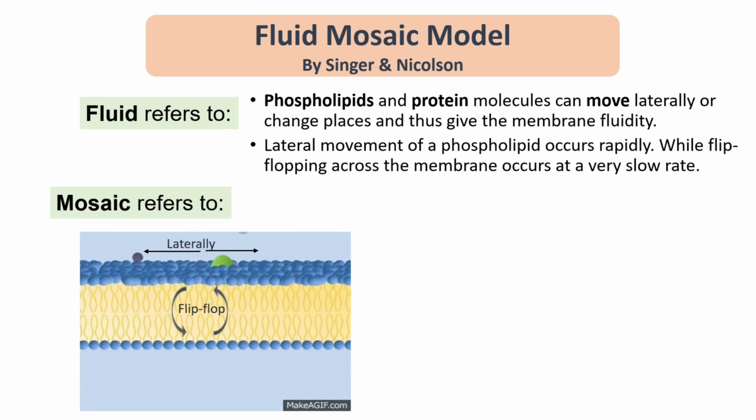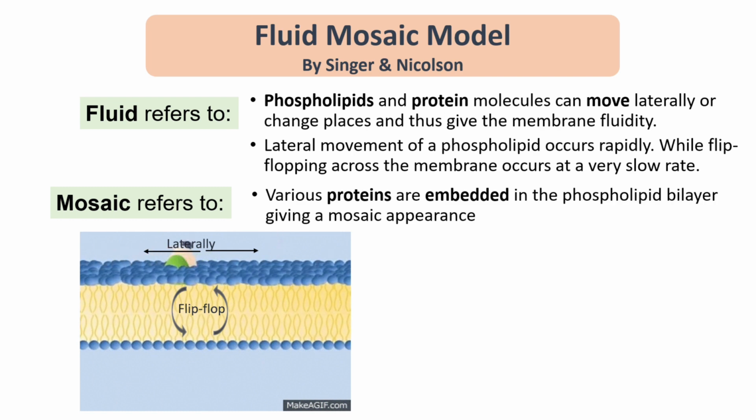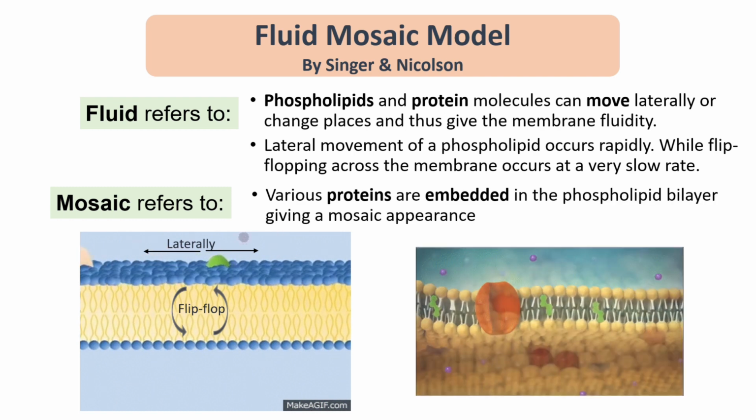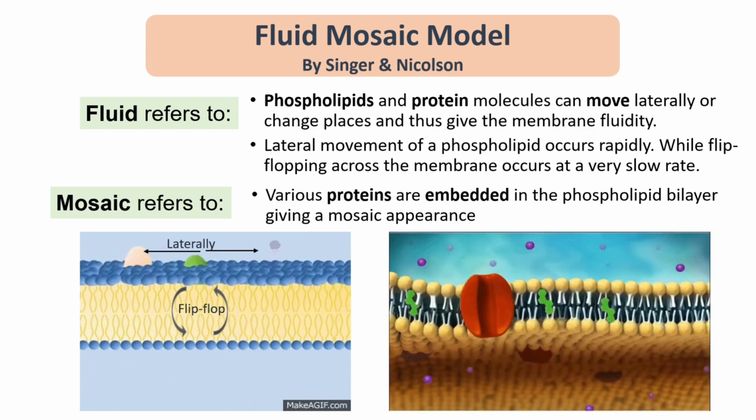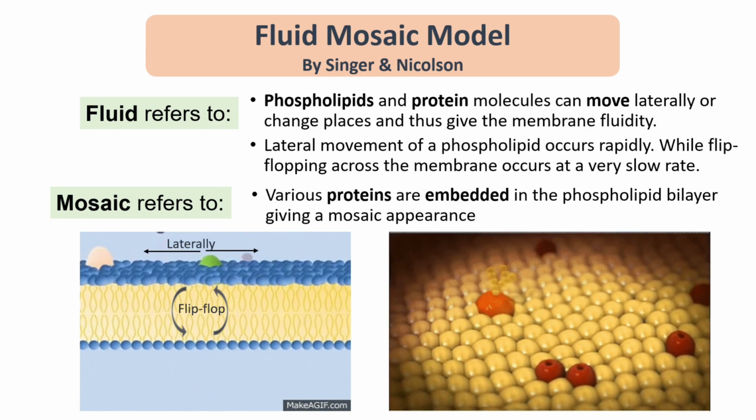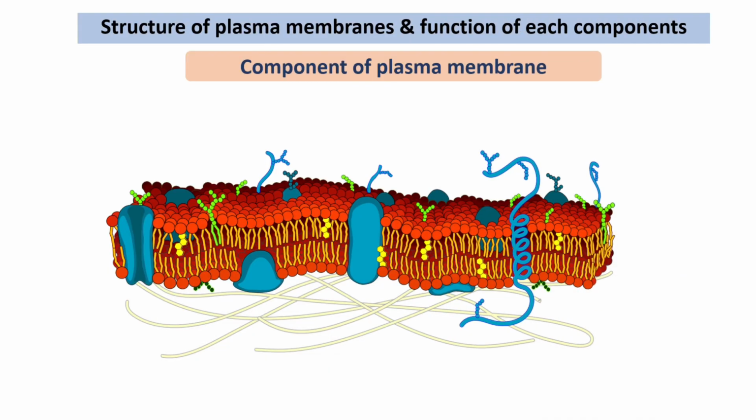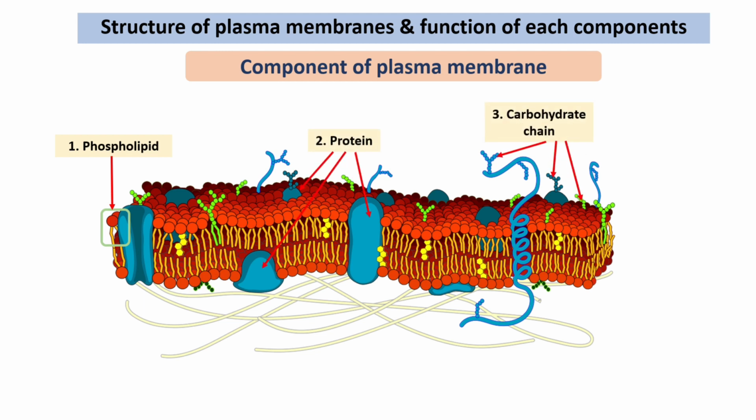Mosaic refers to the various proteins that are embedded in the phospholipid bilayer, giving a mosaic appearance from its surface. Components of plasma membrane are phospholipid, protein, carbohydrate chain, and cholesterol.